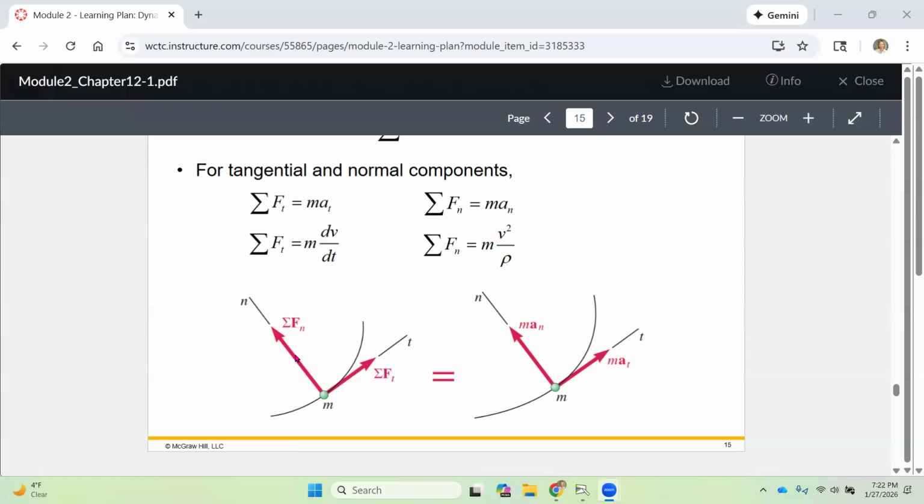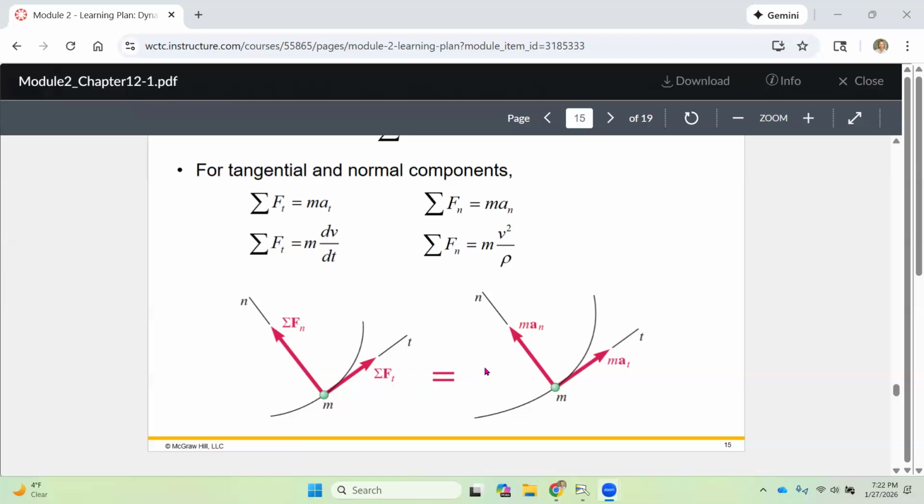It's the force pulling in towards the center of rotation, causing that acceleration. So on the right-hand side, it's going to be the mass times the normal component of the acceleration.